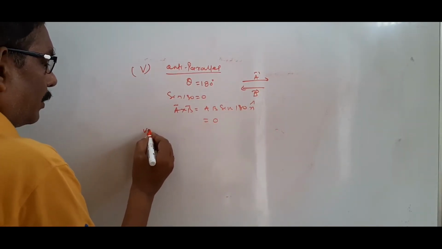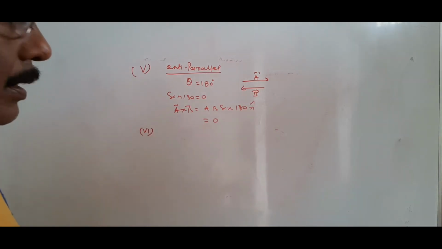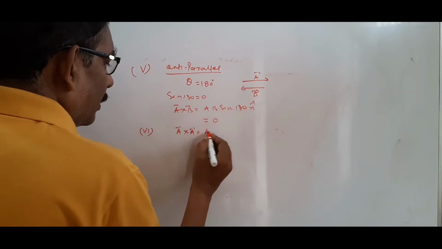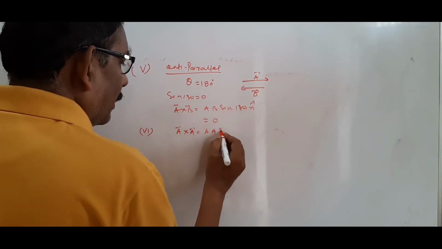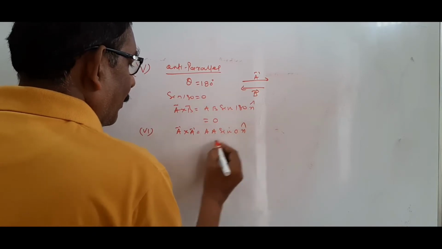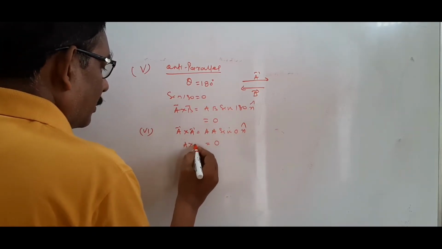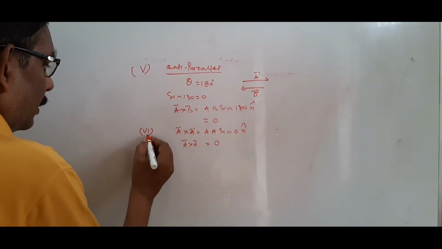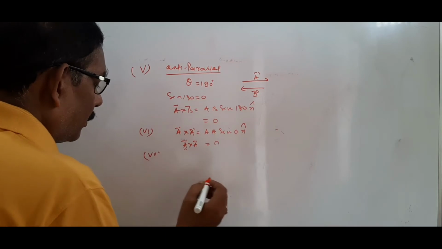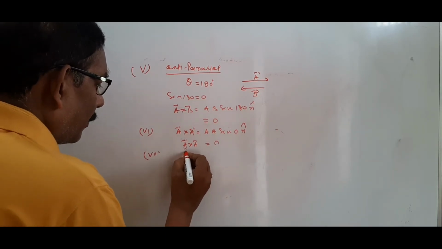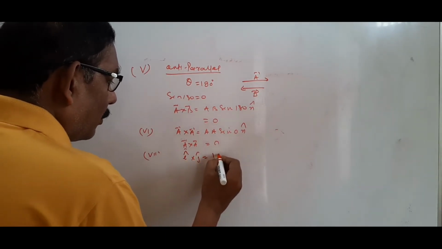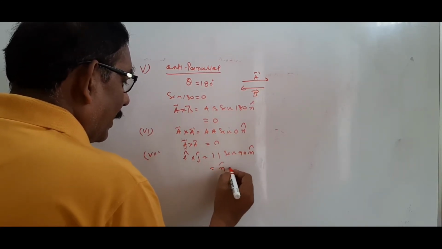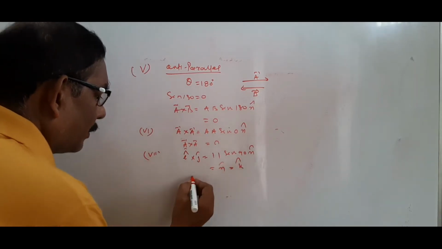Now, multiplication of the same vector, A cross A. It is A squared sin 0 n cap, which is 0. So A cross A is 0, but A dot A is A square. Now the product of orthogonal vectors: I cross J is 1 into 1 sin 90 n cap. So n cap is equal to your K cap, the third vector.